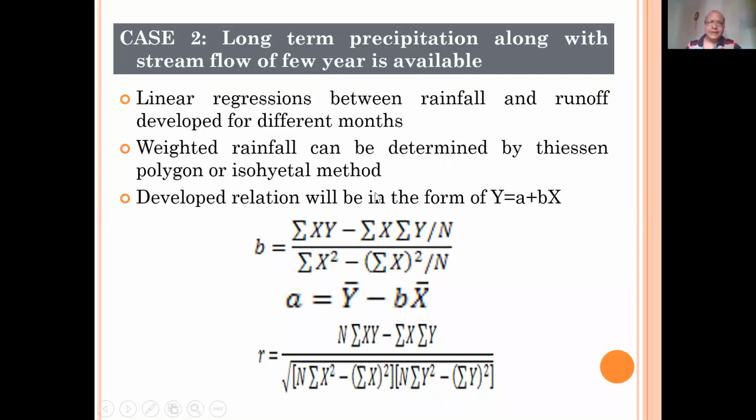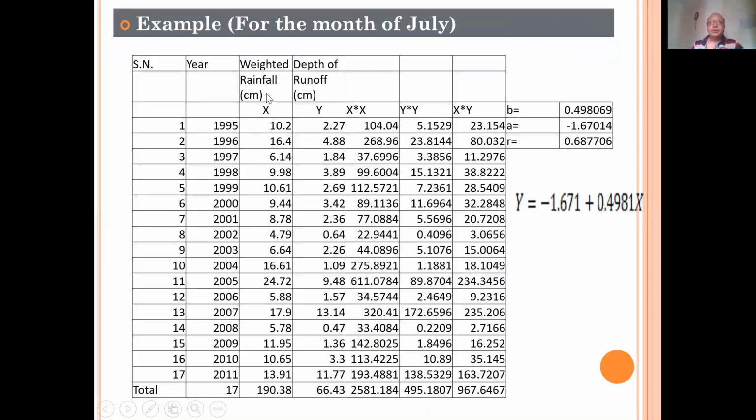This is one example. You can see here, this is an example for the month of July. For July, we can see here we are having 10 centimeter of rainfall, and against this we have 2.27 centimeter of runoff from a watershed. Similarly, this is for different months. You can see here, these are the sums of this.